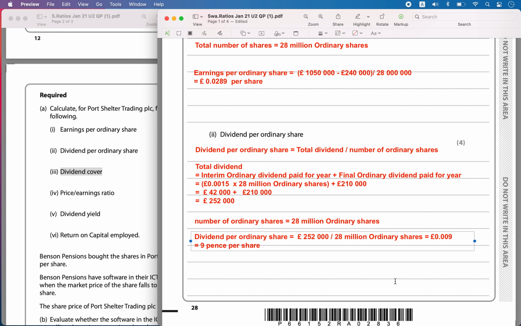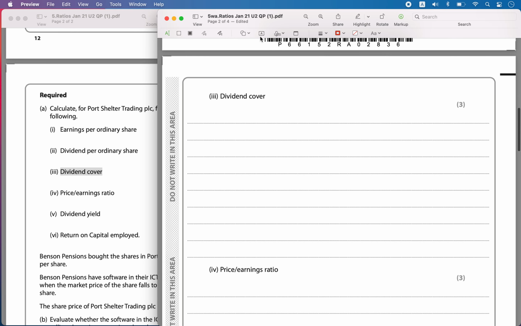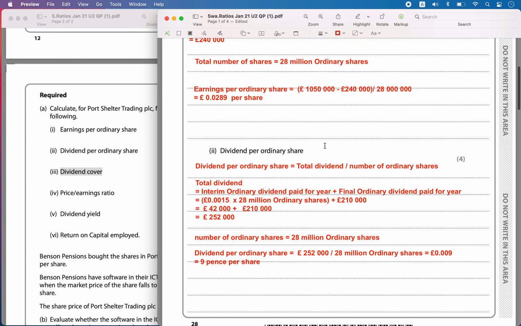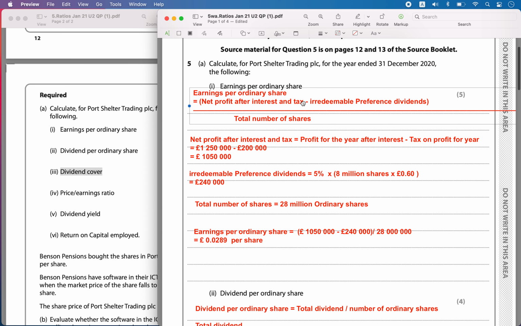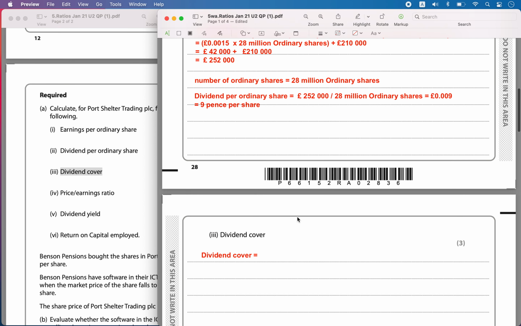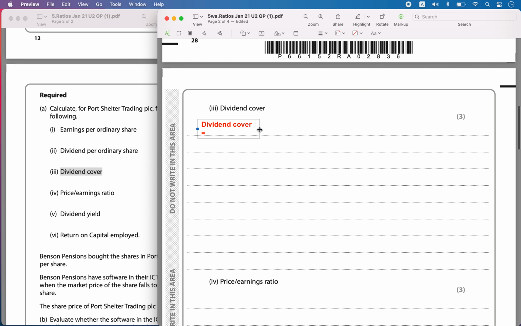Then the next question is dividend cover. Will I be able to cover the dividend using the profit? That's how you have to perceive it. What is the formula? You have the net profit, which is after paying off the preference dividends, the net profit after the interest has been paid and the tax has been paid, divided by the total dividend that was issued.